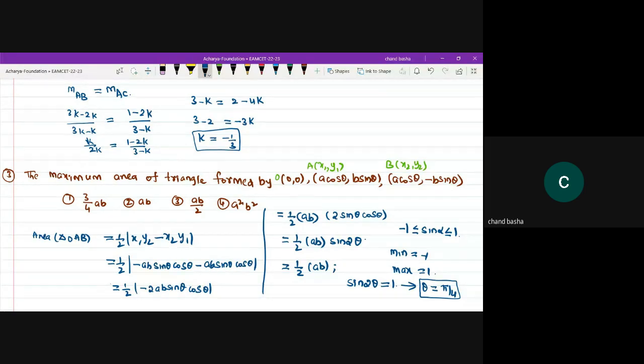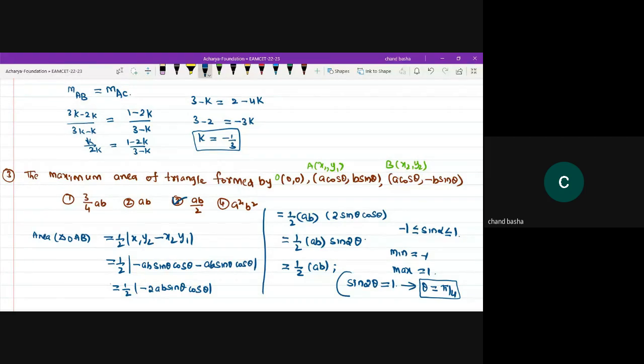So we take sine 2 theta as 1, and theta as pi by 4. What is your required answer? As most of you said, the third option is correct. Option number 3.